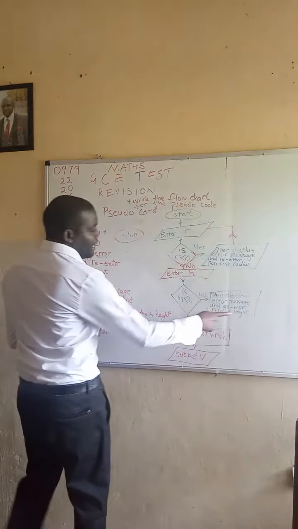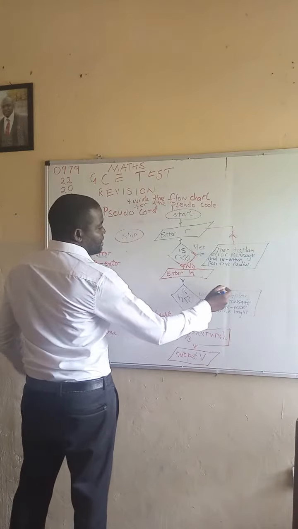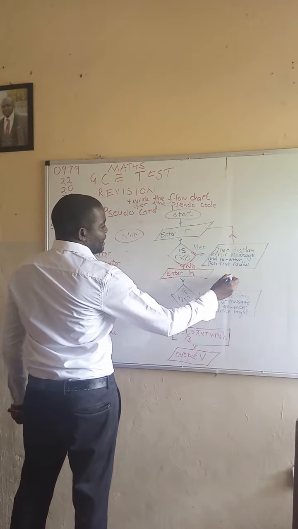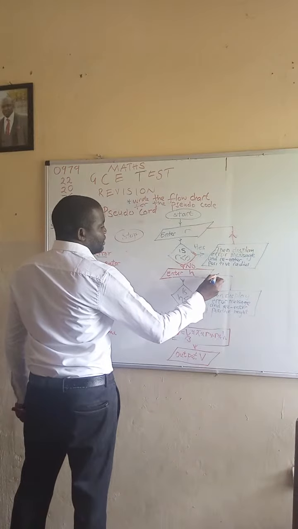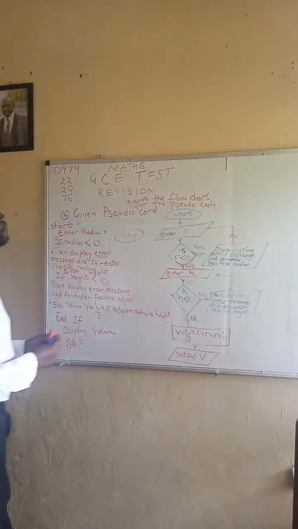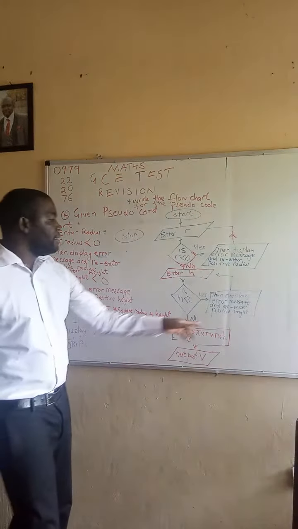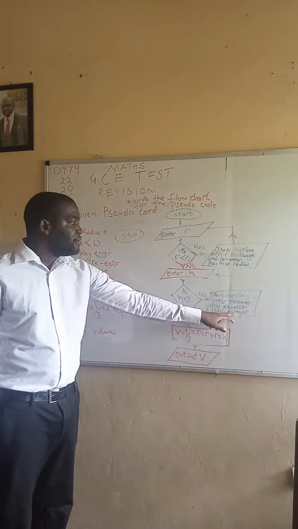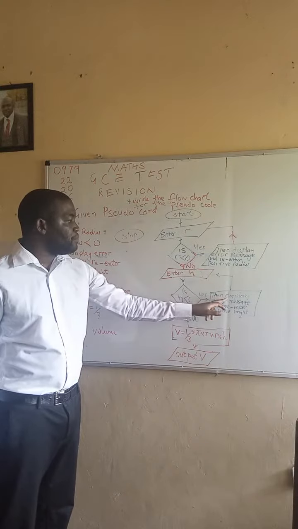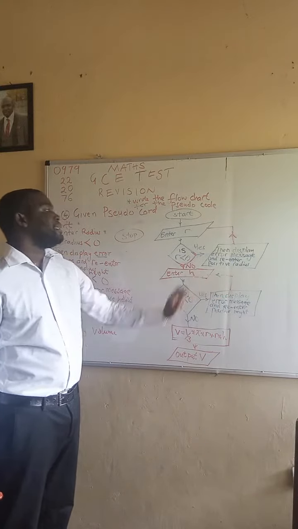Here there is enter positive height, so there is a line that comes here. Where there is H on top, bring this line on top where there is H.